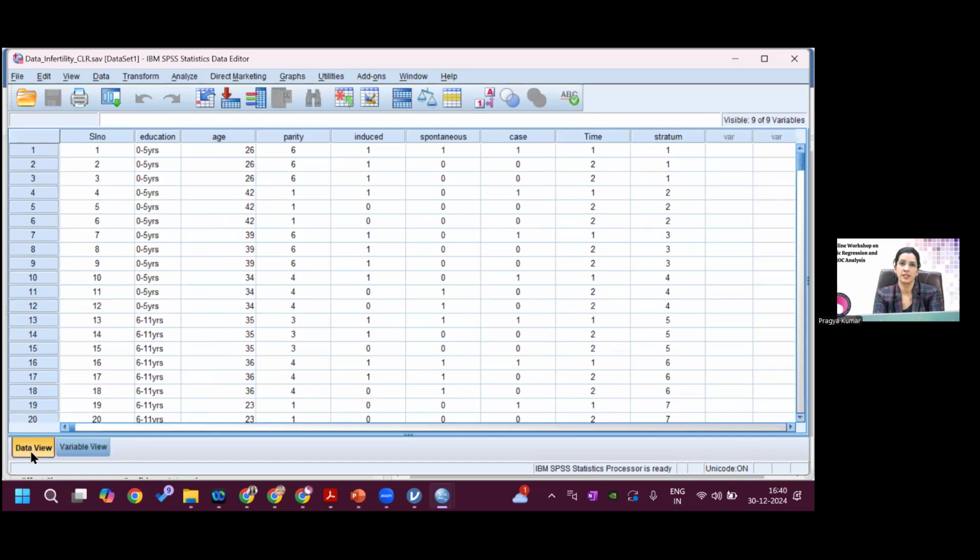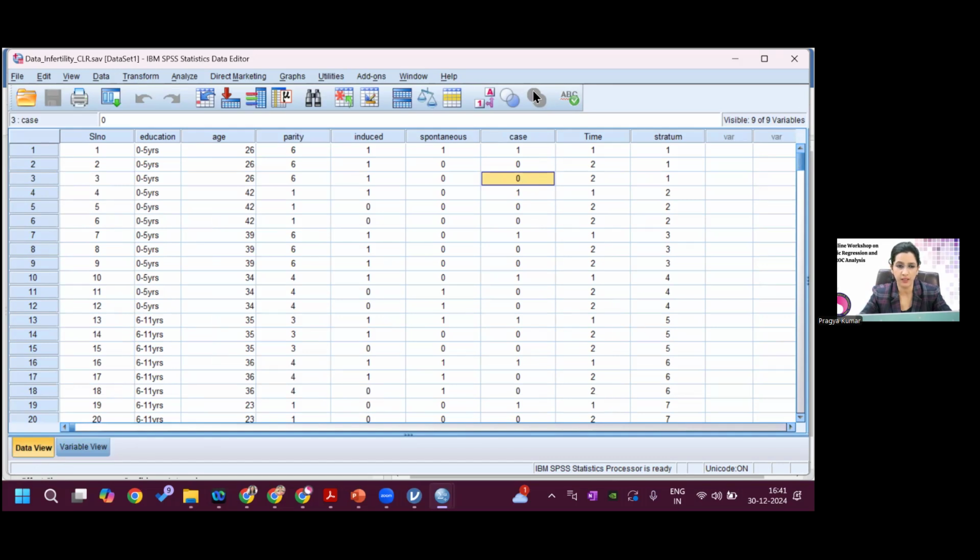Seeing their fertility status, I want to predict the factors responsible for their infertility. So I have got cases, women who were infertile, and against that I had two controls.